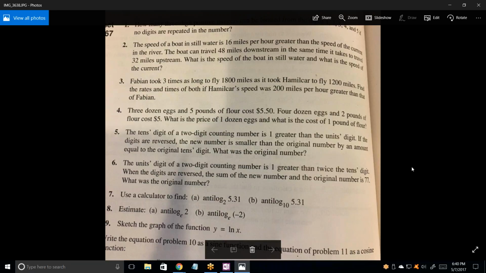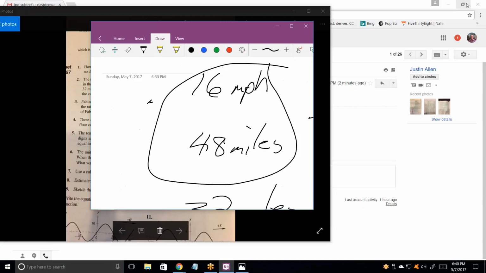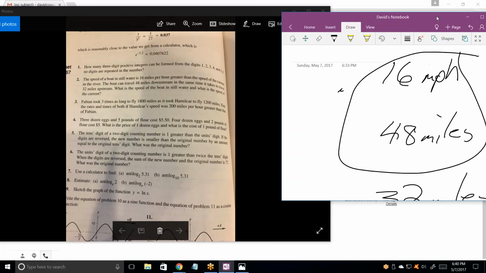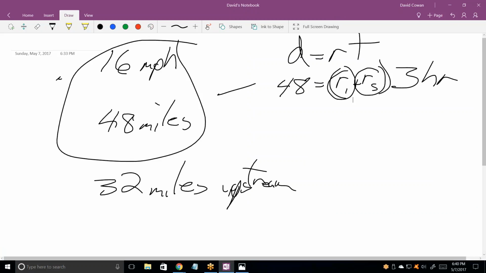All right. I'm glad I had you send me a picture because this is a little different than what I was going to draw. So the speed of the boat in still water is 16 miles per hour greater than the speed of the current in the river. So that changes things a little bit.